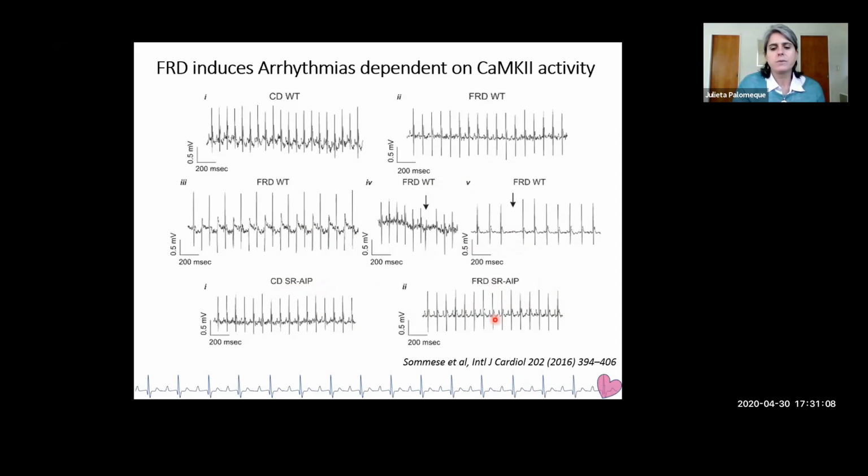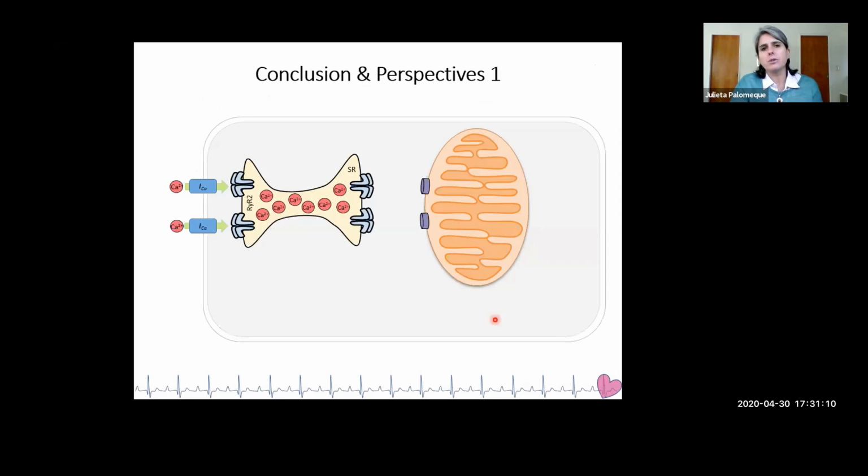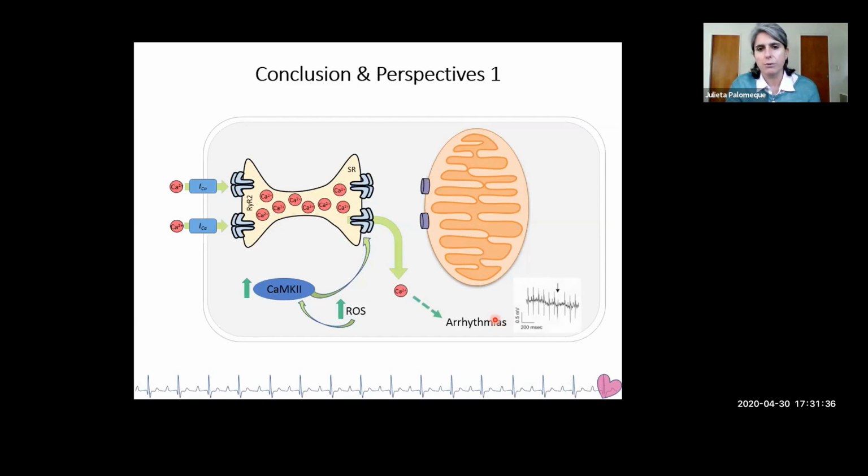So at this point, we have some conclusions, and we could say that reactive oxygen species in the prediabetic model are increased. These reactive oxygen species are activating CaMKII, and CaMKII is phosphorylating ryanodine receptors, which makes the SR leaky, and this calcium is promoting arrhythmia.